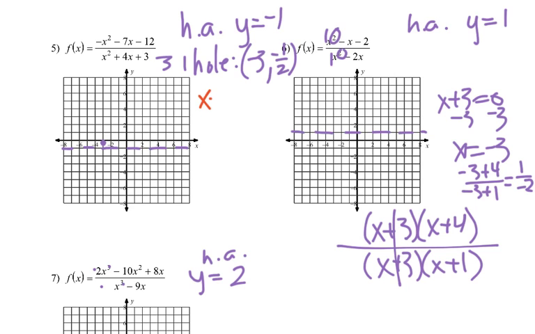Now for my x-intercept, we take the numerator, right? x plus 4, set it equal to 0, which hopefully we can see that that's going to be a -4, right? So at -4, we have our x-intercept.